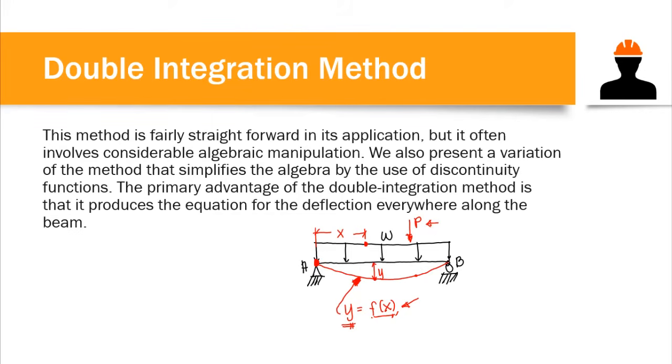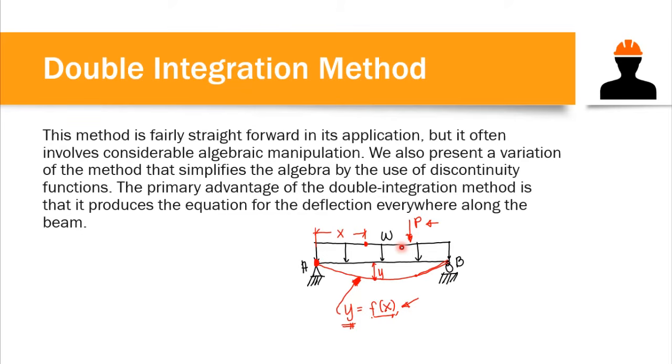Therefore, our deflection diagram at this point is different from the deflection diagram at this point. So we need to come up with two functions, or two equations, for the deflection diagram when we have a discontinuity in our beam.